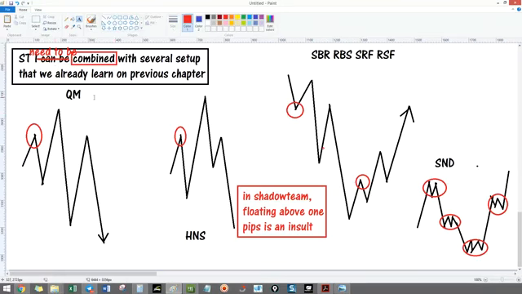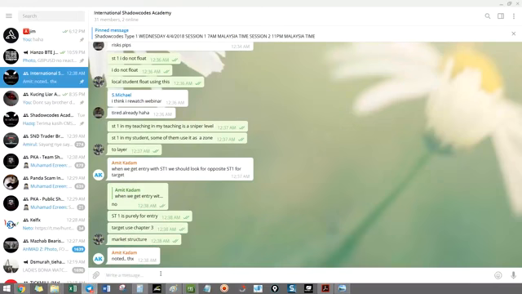Okay, need to be combined with several stuff we already learned on previous chapter. QM, HNS. We have a lot of entry setup. We also have the target. Okay, that's depend on the setup that you want to use. We have the target here. All right. Is there any other question?